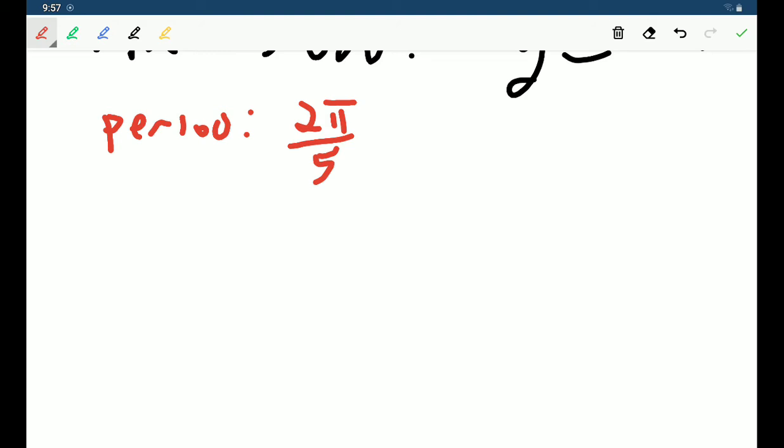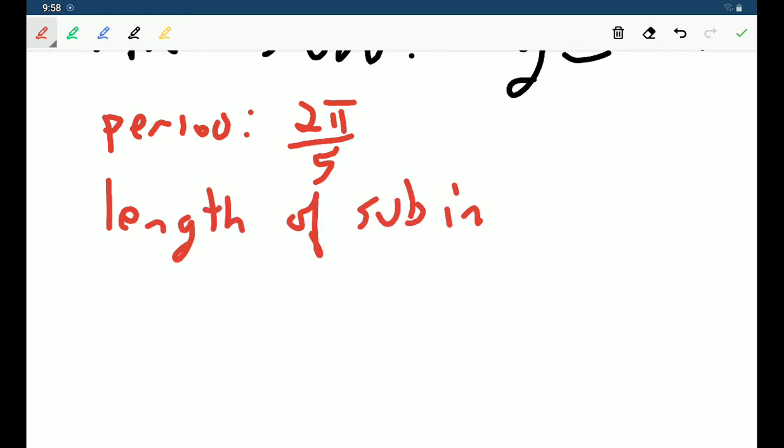I'm not even going to try to do the calculations in my head as to what that is in degrees. But we've compressed things in by a factor of 5. So instead of 360 degrees, it's 360 divided by 5. So the length of our subintervals, we find that by taking that period and slicing it into 4 equal-sized pieces.